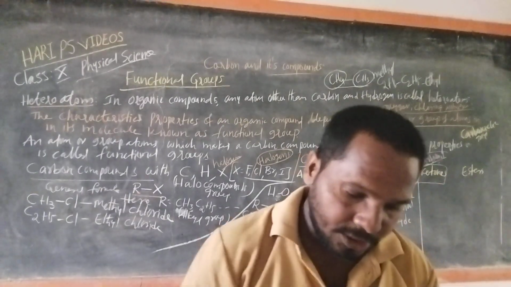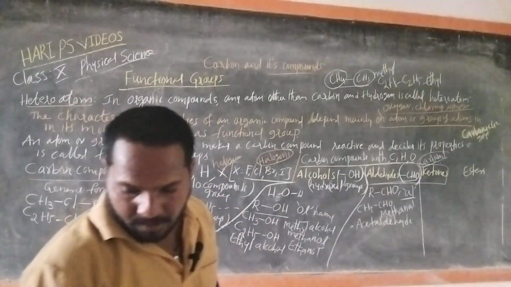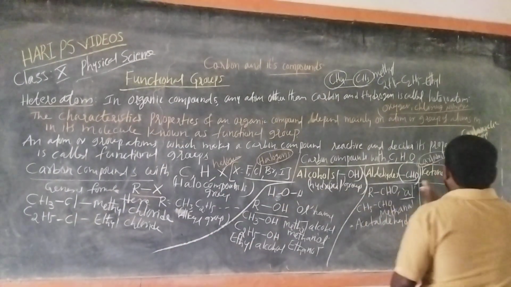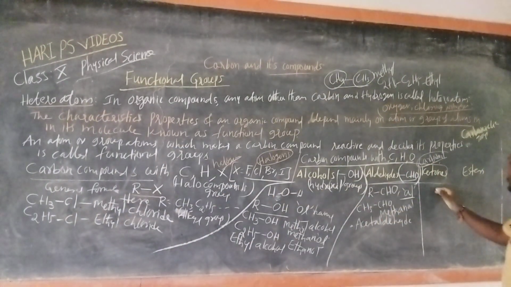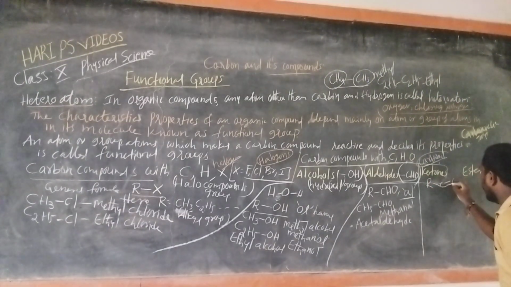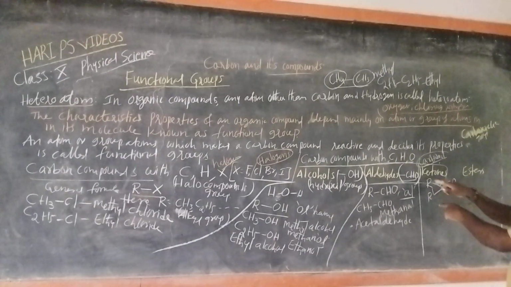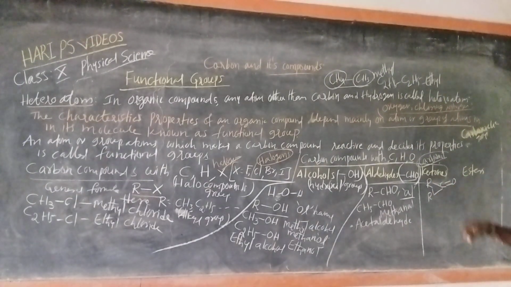Then the next one is the keto group. These are represented with R, C double bond O, R, because two alkyl groups are there.